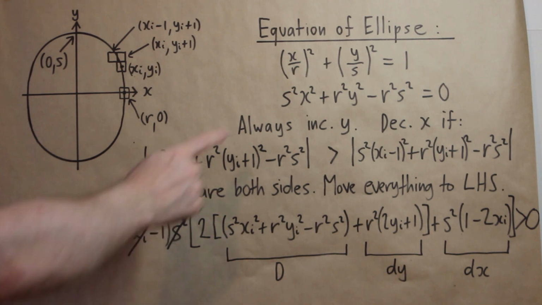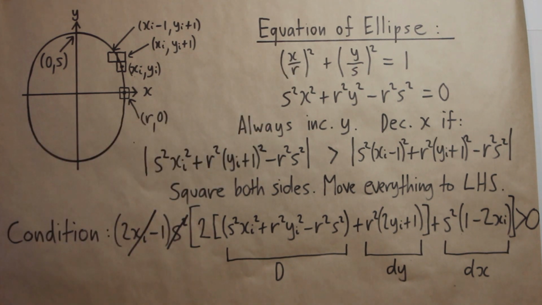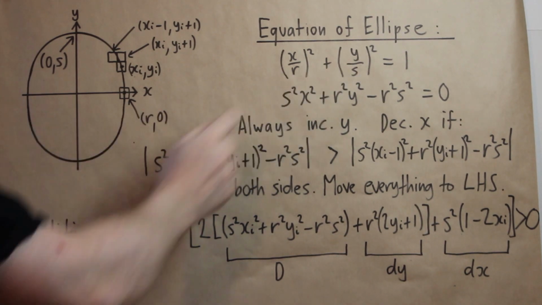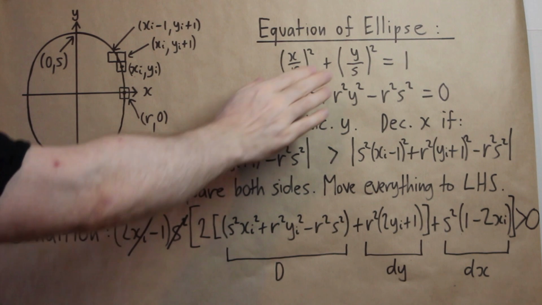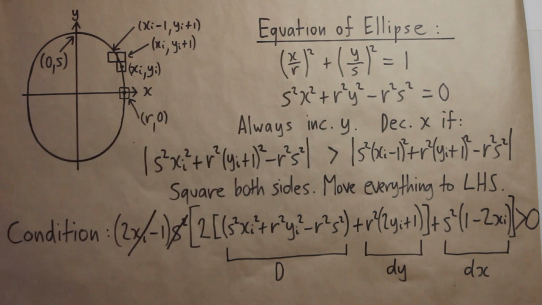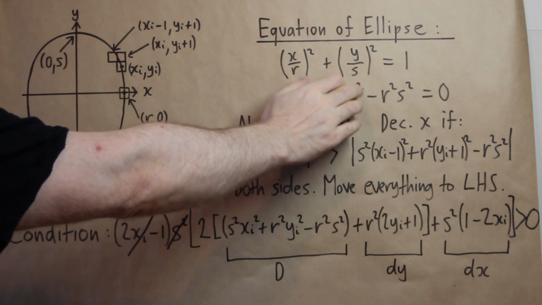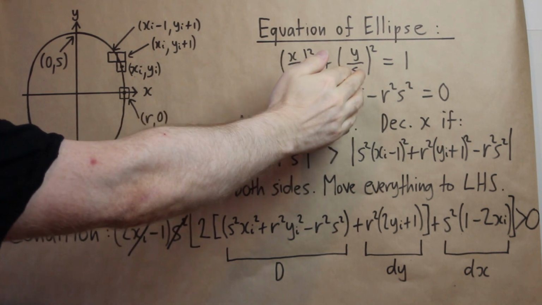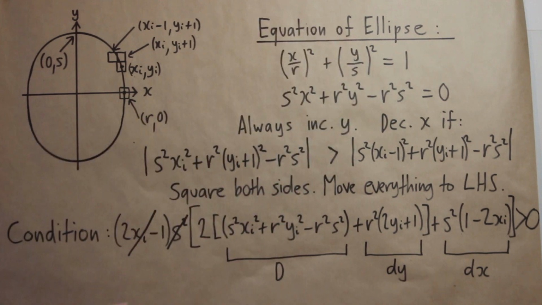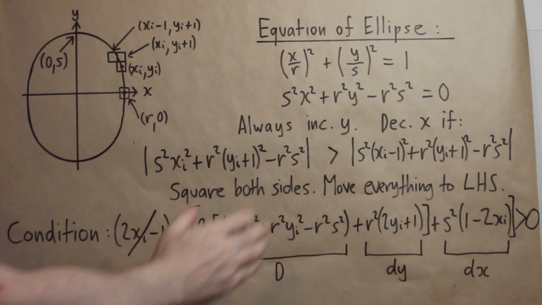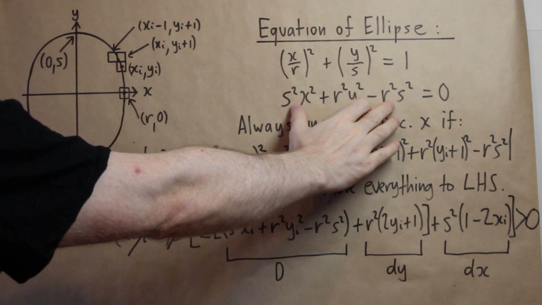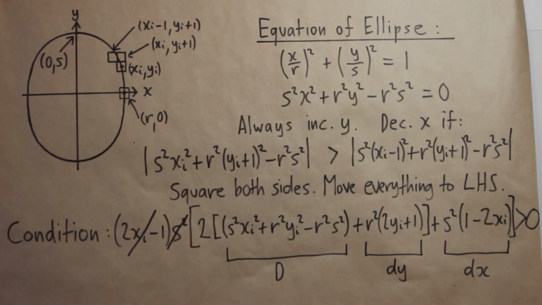The way it works is that we start out with the equation of an ellipse, which you can just look up on Wikipedia. If you plug in r equals s here, you'll get the equation of a circle, since a circle is just a special case of an ellipse. We expand this out, clearing the denominators and moving everything to the left-hand side, a couple of steps of basic algebra, and we end up with this expression having to be 0.